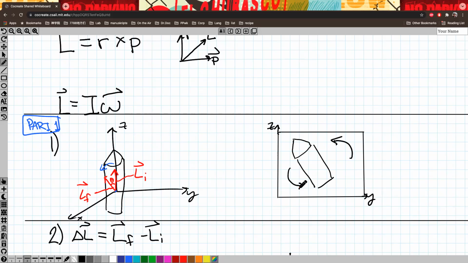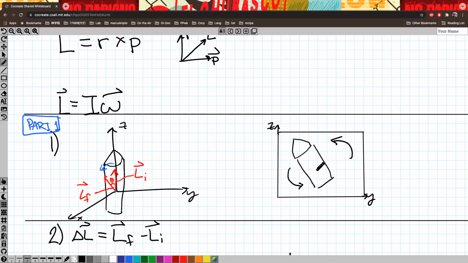The center of mass, but it would be basically in the x direction, right? Yeah. If it's going counterclockwise, then I guess it would be in the positive x direction.